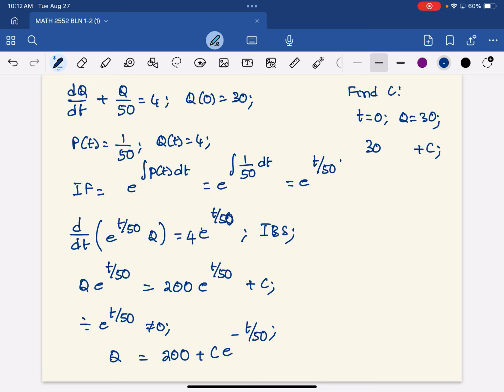Then that gives me 30 equals 200 plus c. Then c is going to be negative 170. Then substituting c equals negative 170, I get 200 minus 170 times e to the negative t over 50.